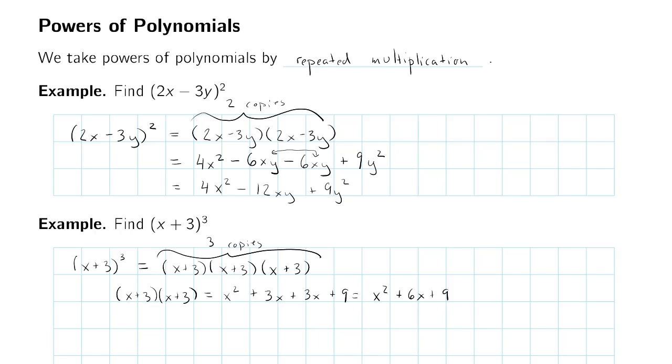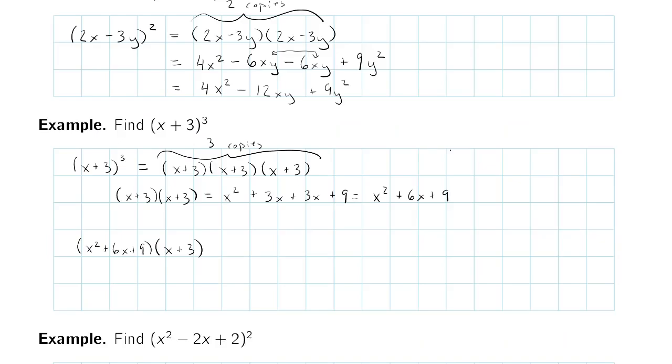All right, where does that put us? Well, now we need to multiply x squared plus 6x plus 9 times x plus 3. Now we're multiplying something with 3 terms by something with 2 terms. For that, we're going to use our rectangle method.